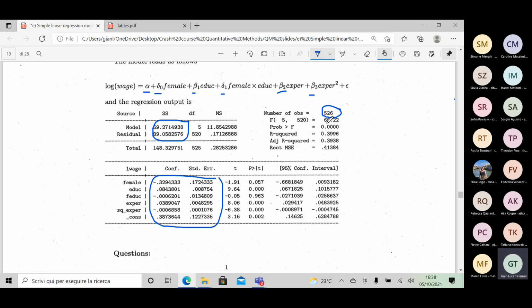So essentially, this 69.22 is the observed value of our test statistic, which is the ratio between this number and this one. Which is the reference distribution? I told you, it is an F of Fisher with k and n minus k minus 1 degrees of freedom, but k is 5.